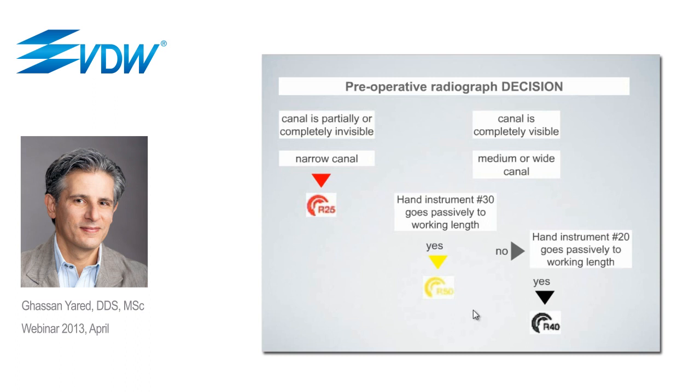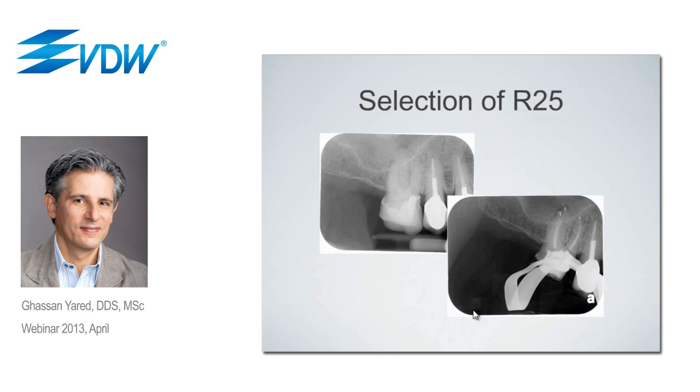If at this stage the number 20 hand file does not reach length, then we know that there might be a complex anatomy apically. These are cases where we would either use an R25, but most probably these are cases where we would actually create a glide path before using the R25. So basically, this is how we choose the instrument that we will use for the canal preparation.